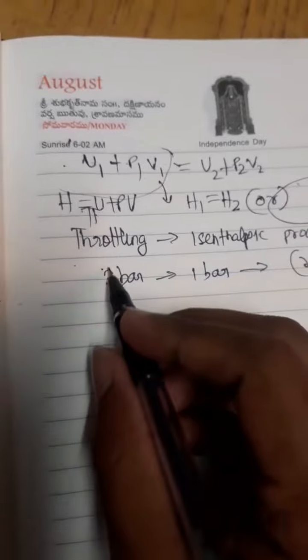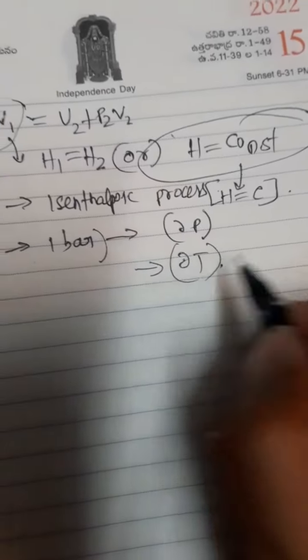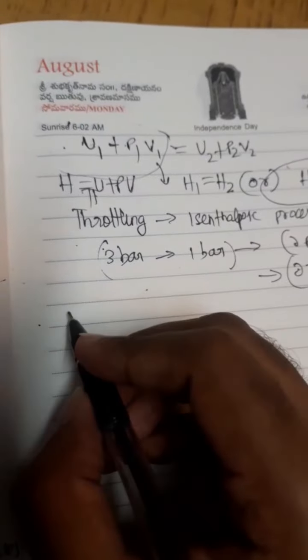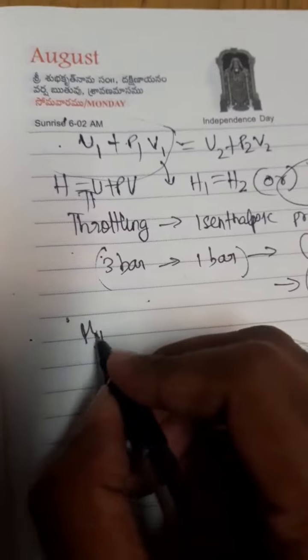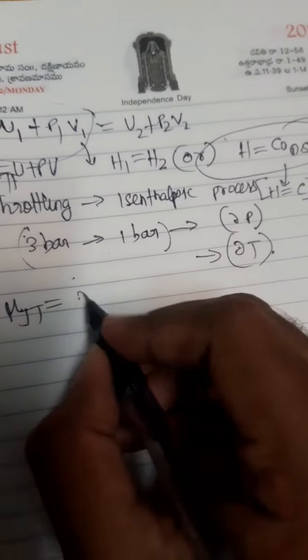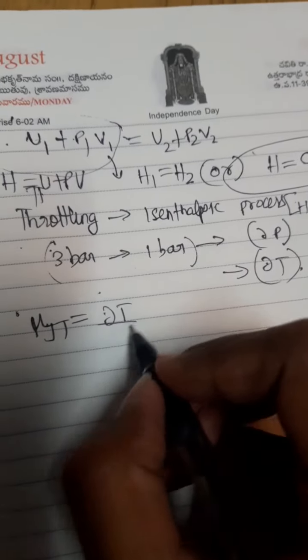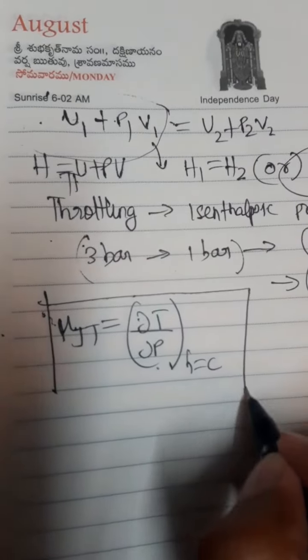If we change the pressure, what will be the change in temperature, del T? This term is very important. The Joule Thomson coefficient is defined as the change in temperature with respect to pressure. This entire process happens at constant enthalpy. So this is our Joule Thomson coefficient.